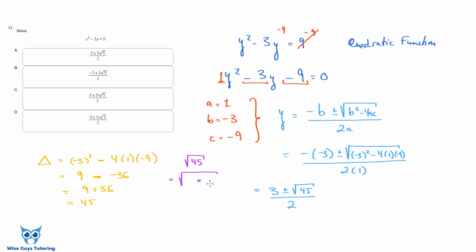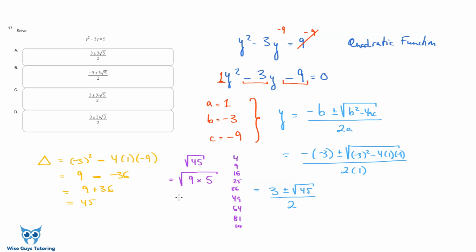And perfect squares mean 2 squared, 3 squared, 4 squared, 5 squared, 6 squared, 7 squared, 8 squared, 9 squared, one of these numbers. So what's the biggest one that I can make a product to give me 45? It's 9. It's 9 times 5.